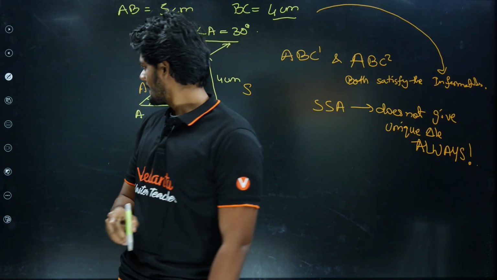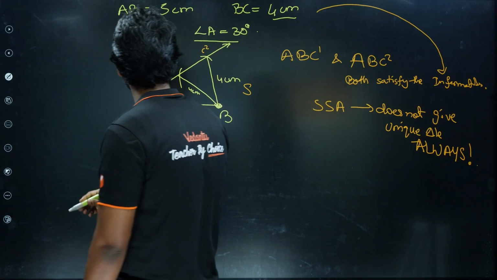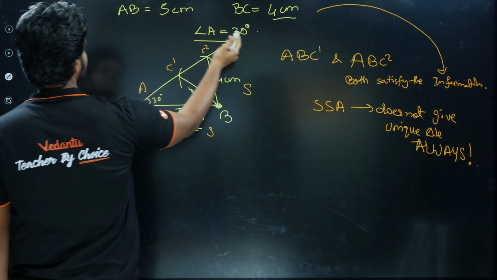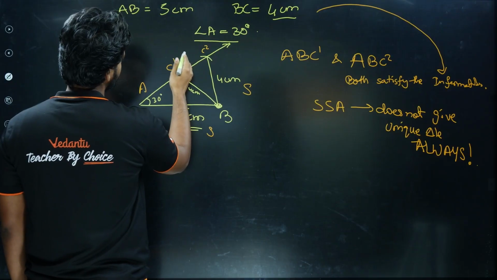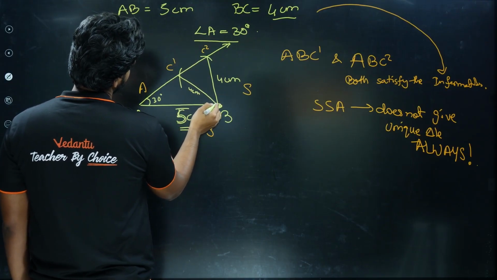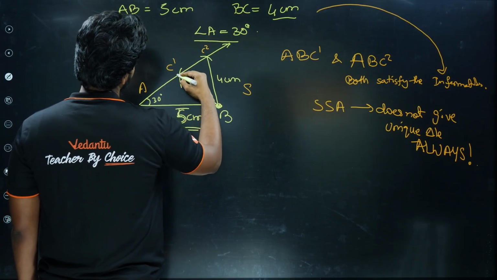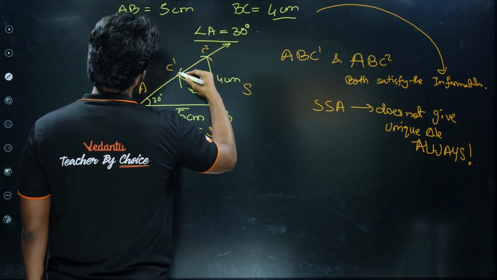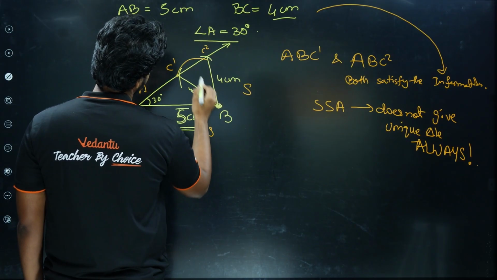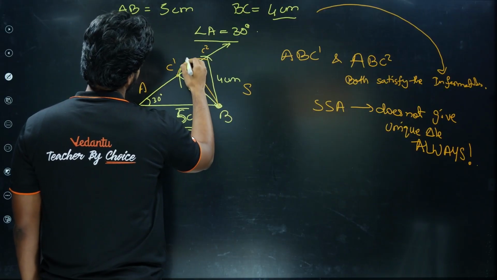unique triangle. So let us see what happens if the angle is 90 degrees. Yeah, so there should be a point here such that, let's say we are drawing a semicircle, right? We're drawing a semicircle, we are drawing an arc from here to here, which is of 4 centimeters.